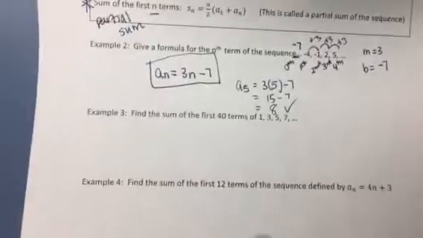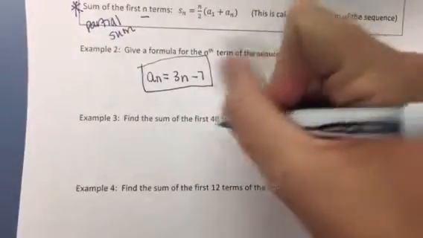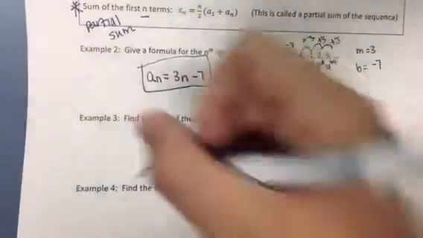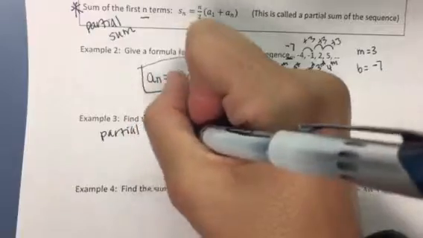All right, example 3. For example 3, we're going to find the sum of the first 40 terms. So this is, again, what we call a partial sum.